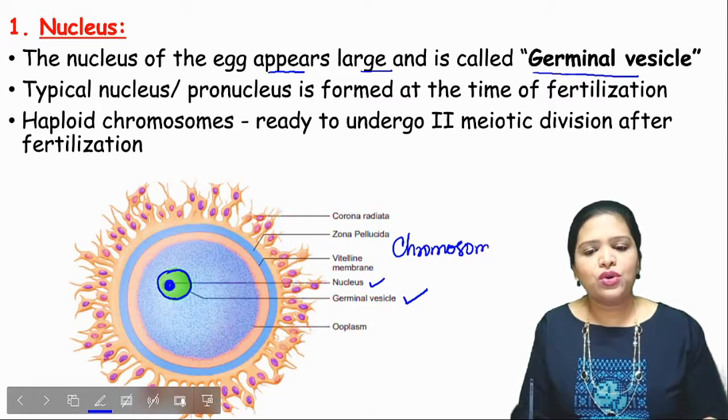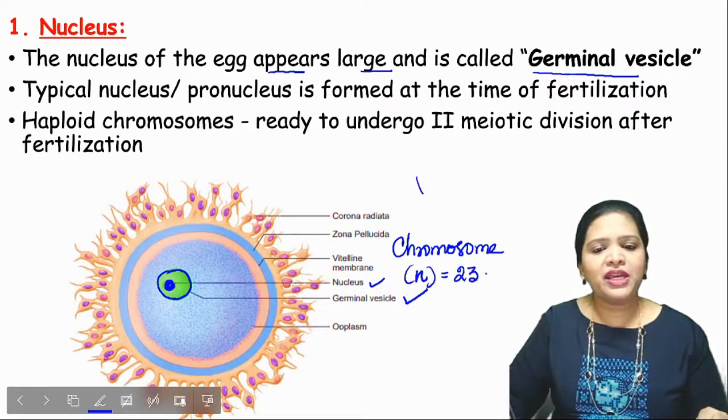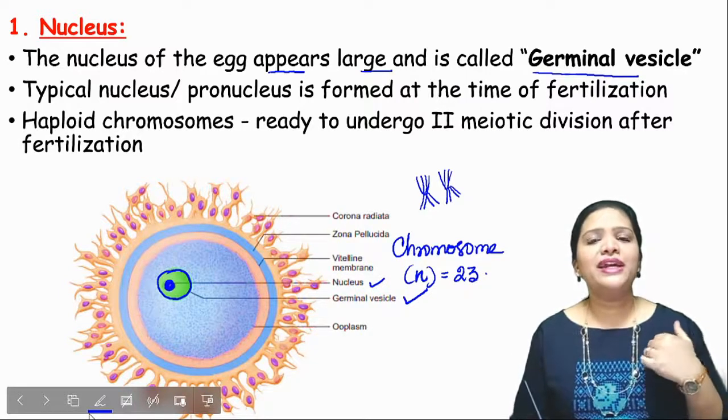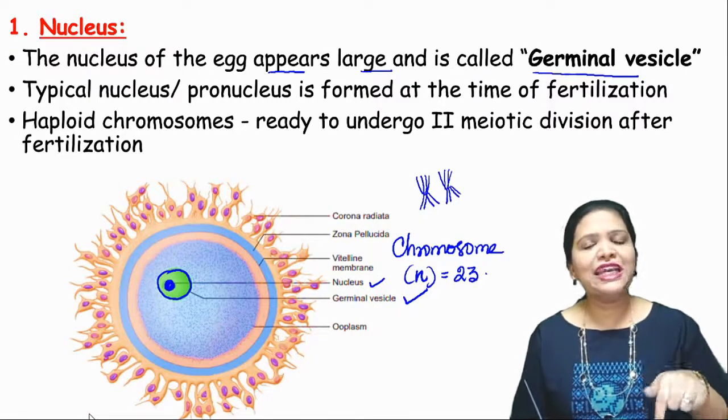Okay. So how are the chromosomes? The chromosomes are haploid in nature, 23 chromosomes. And exactly how will these chromosomes be? It will be like this, in the shape of a spindle, because this secondary oocyte has already completed its first meiotic division. Now it is waiting to undergo the second meiotic division.